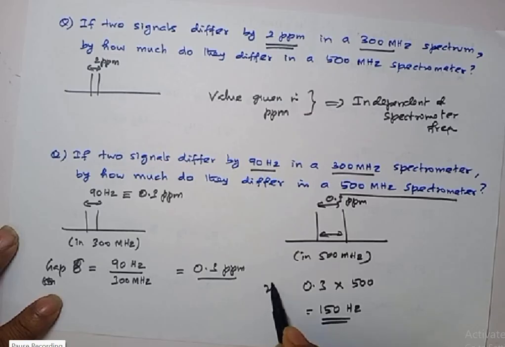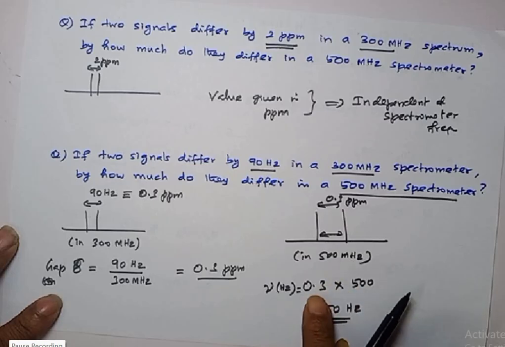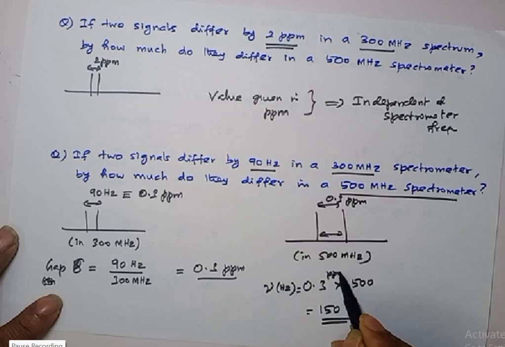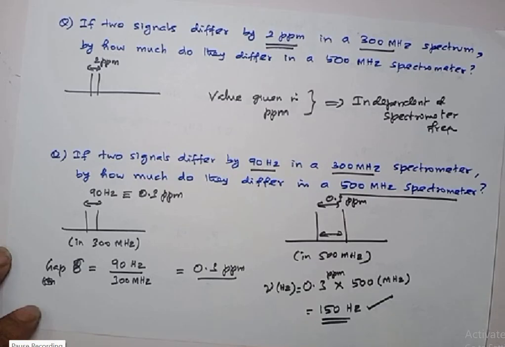If you want frequency in hertz, multiply the value in ppm by the spectrometer frequency. This is the ppm value and this is in megahertz. If you multiply, you will get the answer in hertz directly. What does it imply?